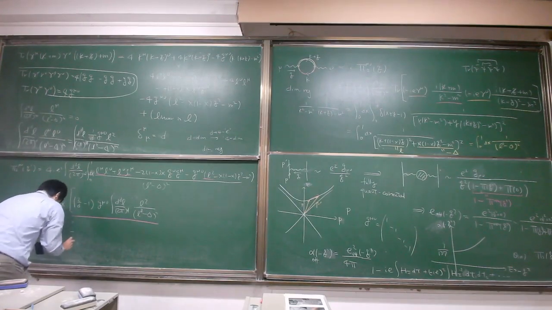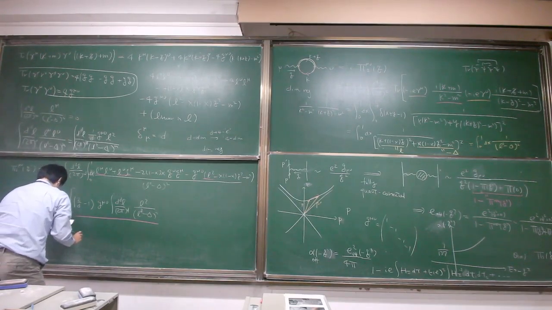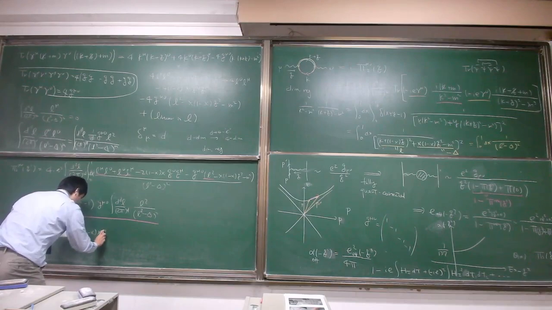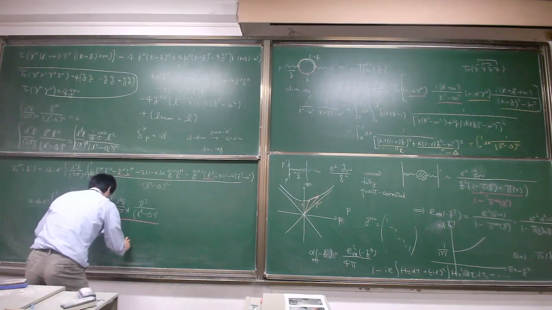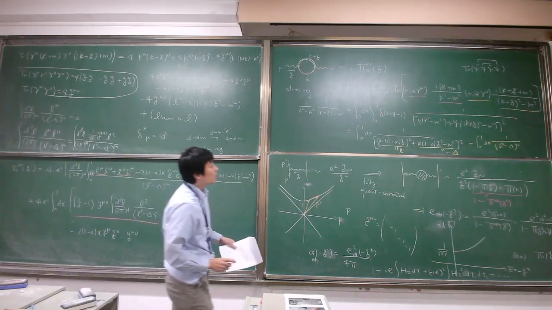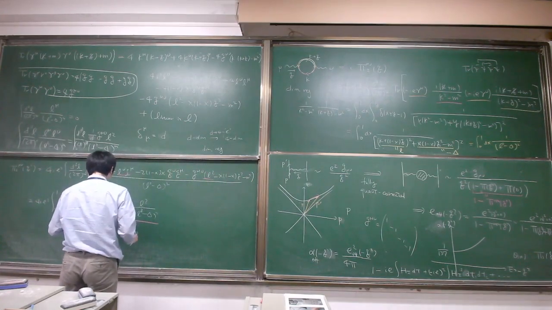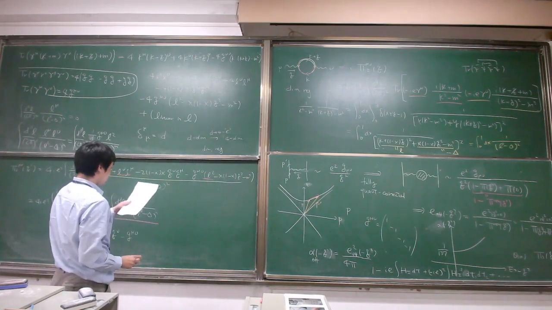to the following: minus 2 (1 minus x) q mu and minus g mu, and I think this is just a delta. I think it should be delta.